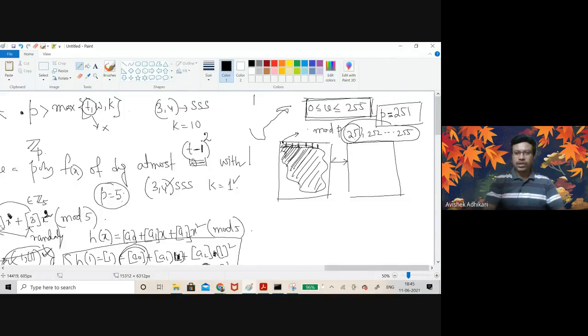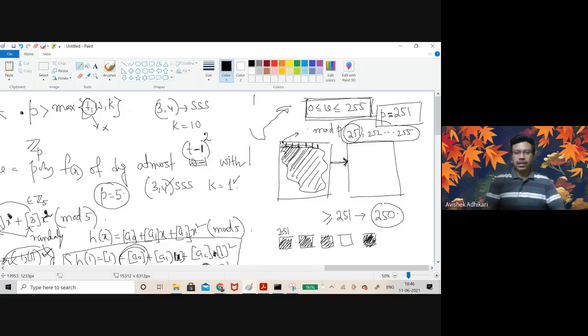So whatever the image may be, you convert it into another image in which all the pixels whose intensity value is greater than or equal to 251 are converted into 250. Suppose this intensity is 251, and say 251 is a complete black.